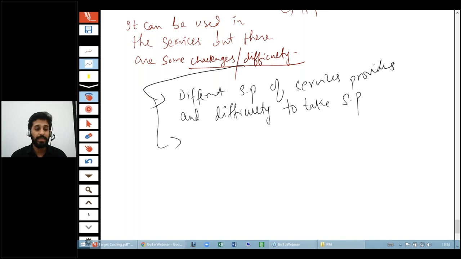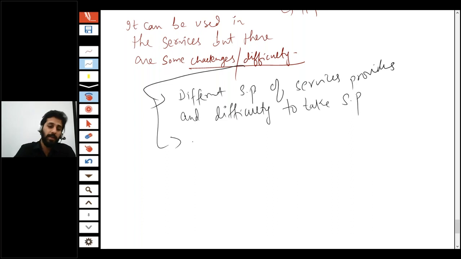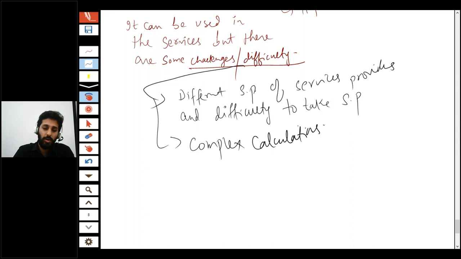So there is a complex calculation, and obviously in order to reduce the complexity, they will be using cost per passenger per kilometer, and their costing is a little bit complex. So I'm not saying that it cannot be used. It can be used, but there is some complexity, complex calculations, right? It is difficult.